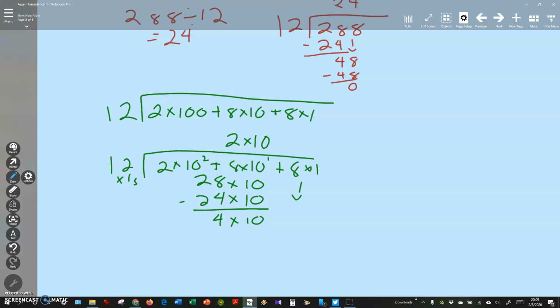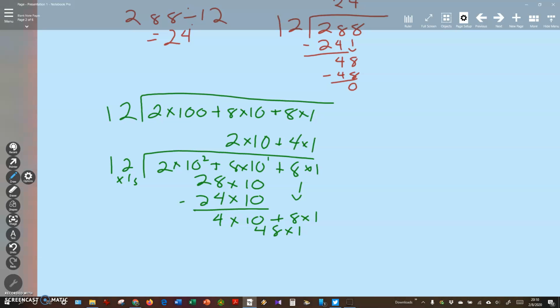Okay, I bring down the 8 ones, and now I've got 4 tens. Of course, 12 ones does go into 4 tens, but not as nicely as if I were to rename the 4 tens and 8 ones as 48 ones. And so then I can ask the question, how many 12 ones go into 48 ones? And that, of course, is 4 ones.